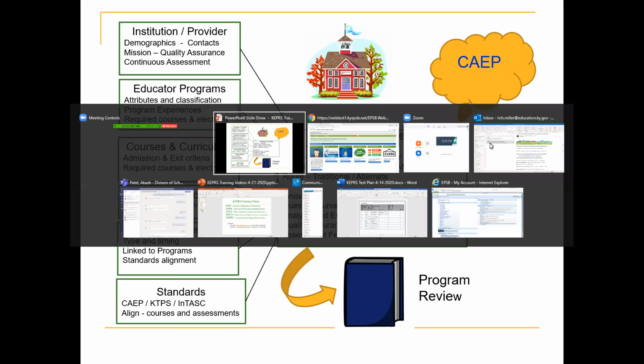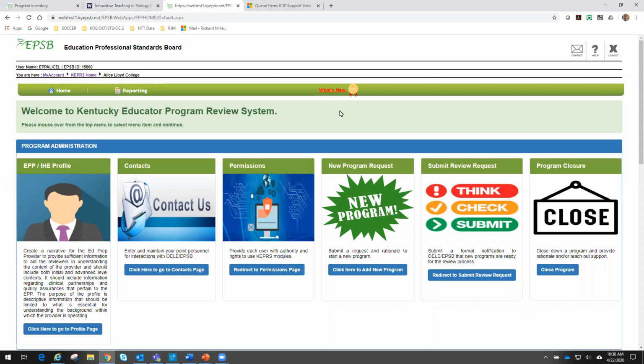So once you log in to the EPSB system, and we have a module that talks about how to get through security and user IDs and permissions and so forth, then you would select the KEPRS system, and the landing page looks like this. So you've got a series of icons and functions that you can pick and choose from.